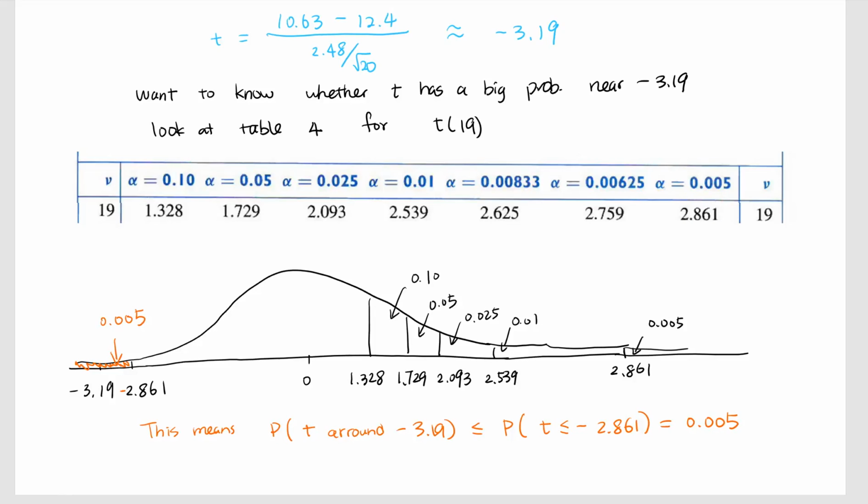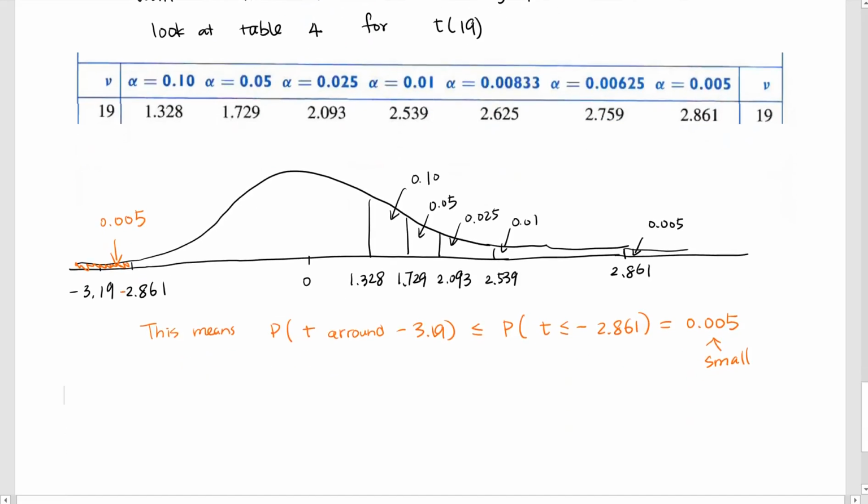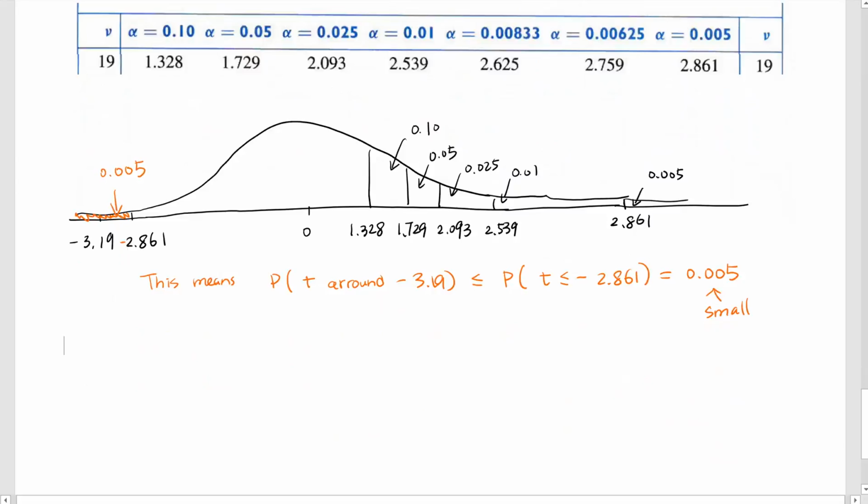Wow, this is so small. It's almost unlikely to happen. So if the probability is so small, then there's something wrong with the manufacturer's claim.